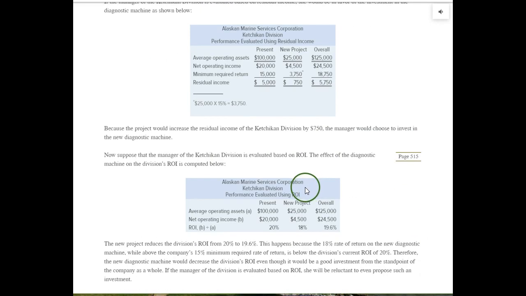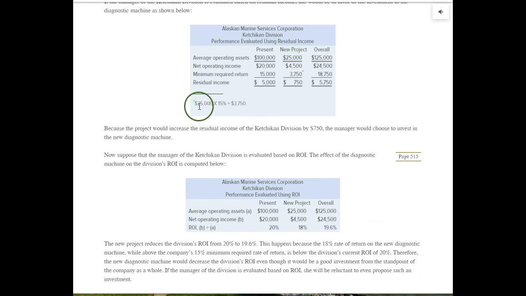Now let's apply this more and see how to use it. The Ketchikan division has a choice. Should we accept this new project or not? Here are the current numbers. We just saw this before. Residual income $5,000. Current operating income is $20,000. And we have $100,000 of investment. The new project would require $25,000 more in investment and would generate $4,500 in additional net operating income.